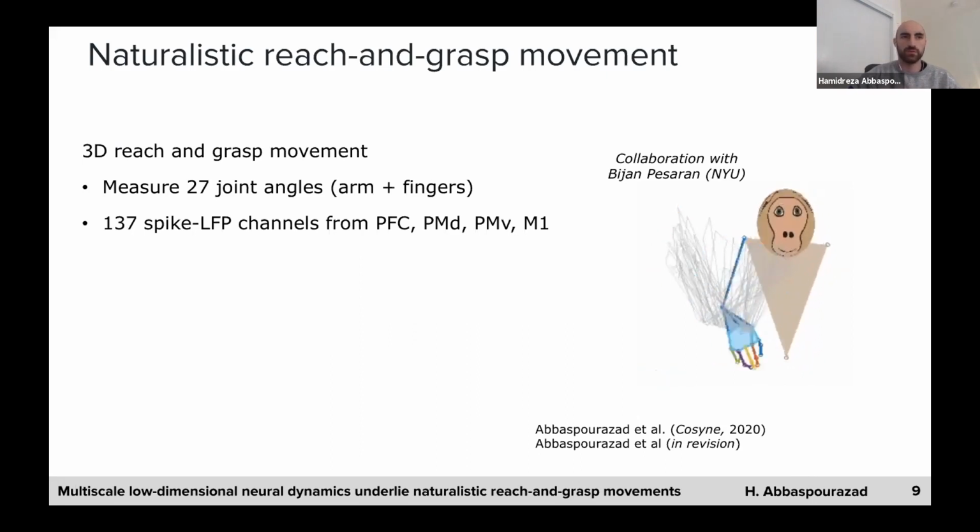Monkeys naturalistically performed the task to diverse 3D locations in front of them, and the task was continuously performed, with no trial structure. More than 100 channels of spike and LFP were recorded from premotor, prefrontal, and motor areas, and we also tracked 27 joint angles on the arm and fingers as the behavior during this task.